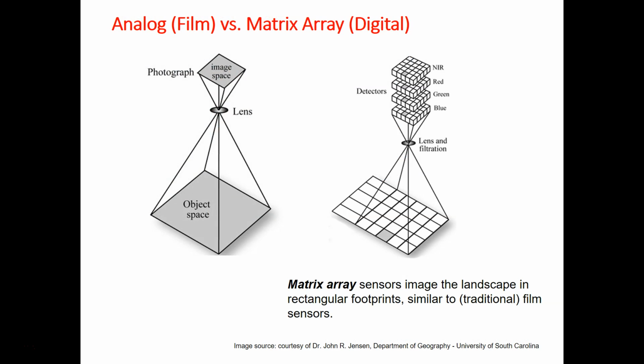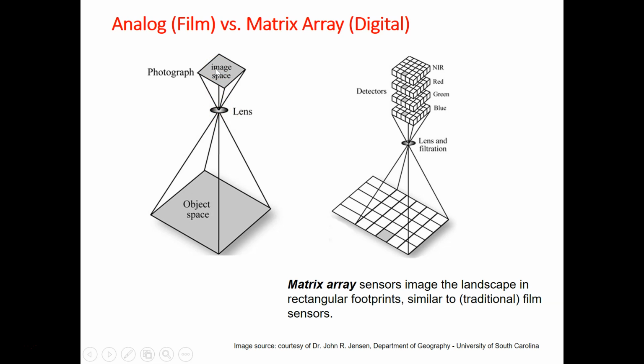Now, how does it look from above? So I just talked about the camera itself, but the collection obviously is from a certain altitude. In the past, we used films, so there was a certain area covered by the camera from above, and whatever was captured by the camera was recorded on an image.